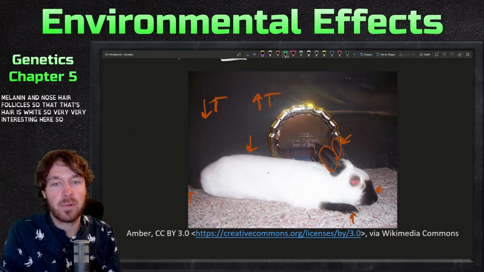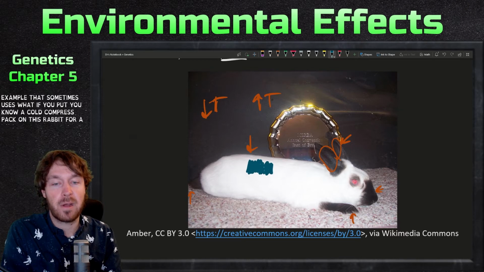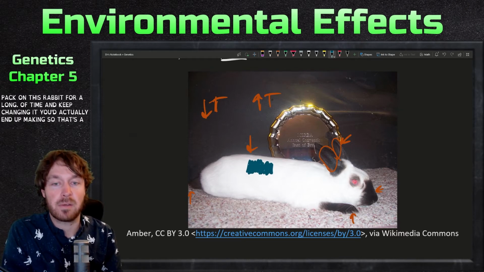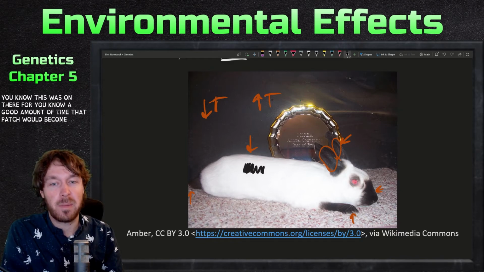An example that's sometimes used is, what if you put a cold compress pack on this rabbit for a long period of time and keep changing it? You could make a black patch on that rabbit's fur.